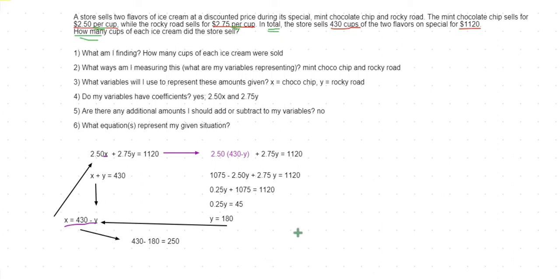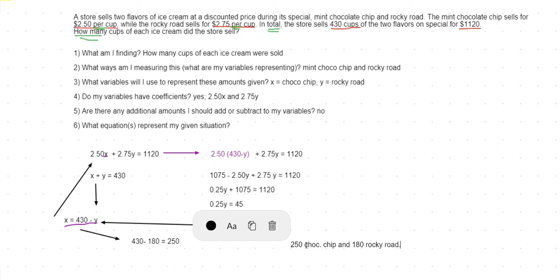And the last step I do is just write it out in words. So that way I know what I'm measuring. So the 250 was X, so it was 250 chocolate chip and 180 Rocky Road.